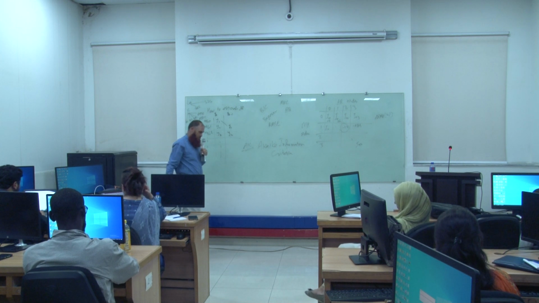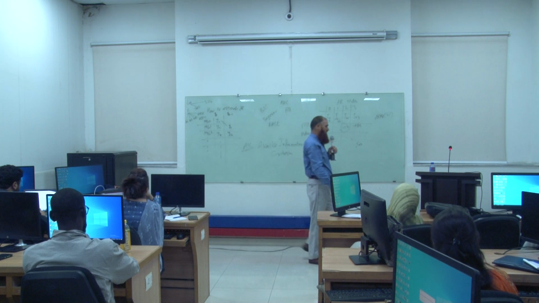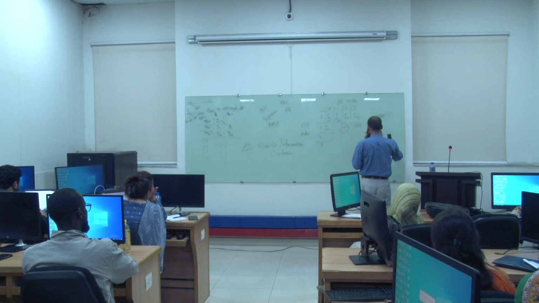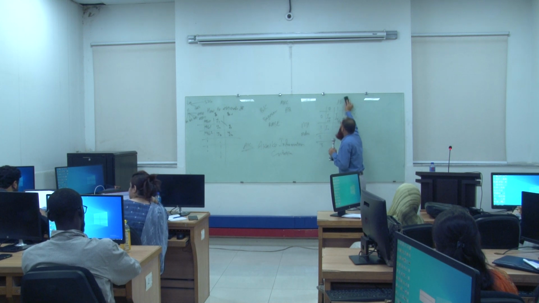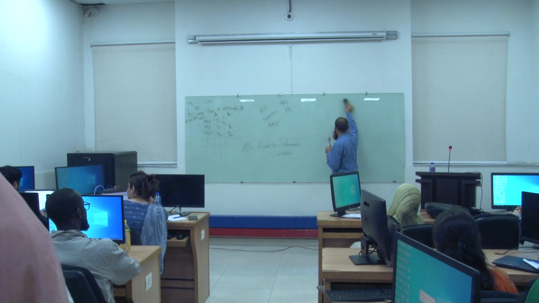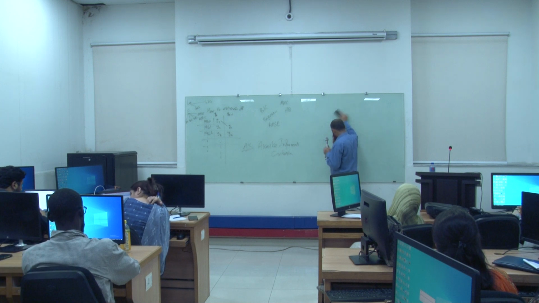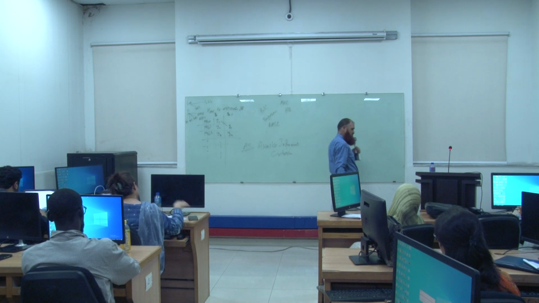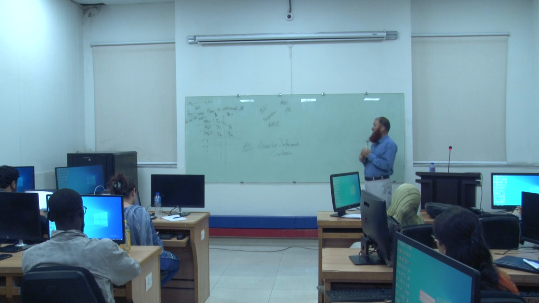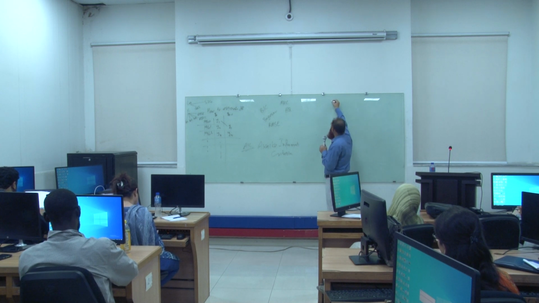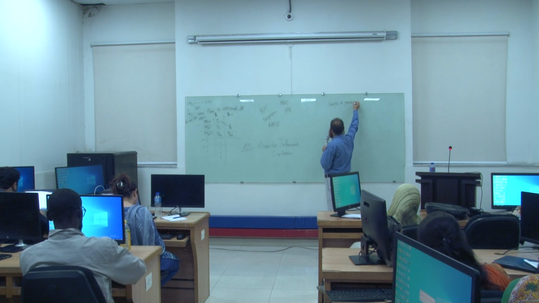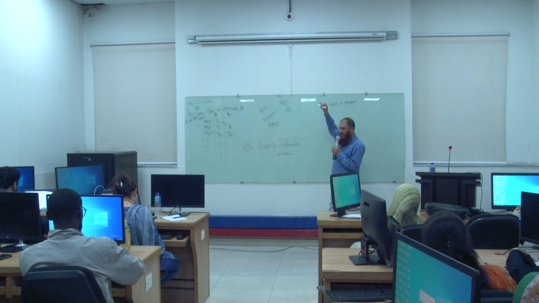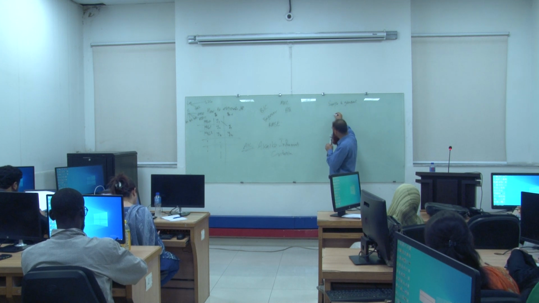Okay, so what are the general to simple and simple to general methodologies? The simple to general says start with the smallest model. Suppose I am starting with ARMA(1,1).